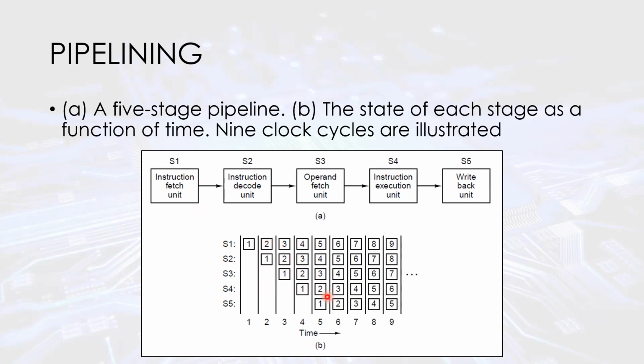Once you're fully cranking, you can see that this is like an assembly line where every single part of the assembly line is working on a different instruction. Just like in an assembly line of a factory, every single point of that assembly line is working on a different car, and every station is doing the same thing. Once they're done with their part, they pass it on to the next station, and then that person will do their particular part.